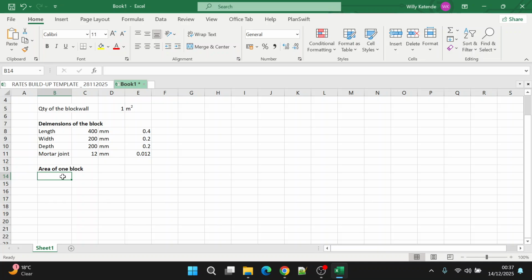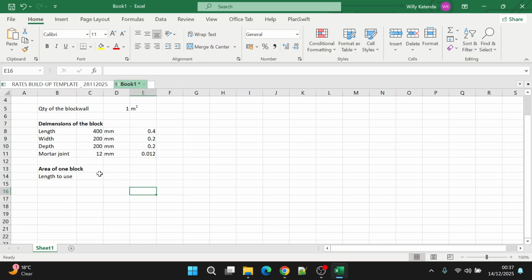So we need to first of all get the length that we are going to use in the computations. We need to add just the dimensions of the block to include the mortar joint if you want to be accurate.